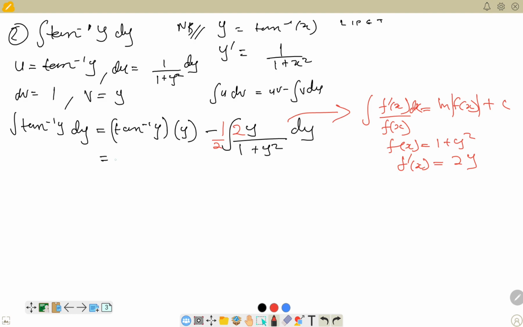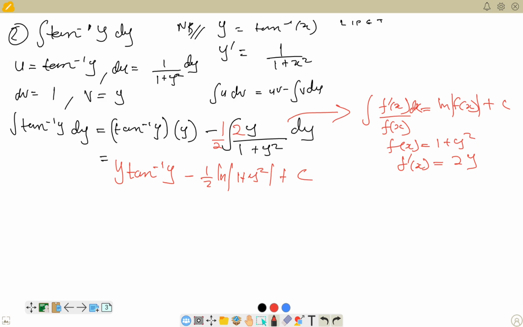Then the final answer can be rewritten as y arc tan y minus 1 over 2 ln of 1 plus y squared plus c. So let's look at another problem.